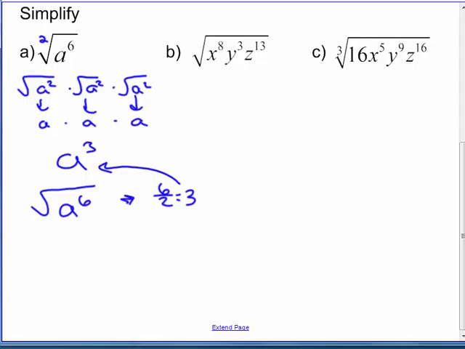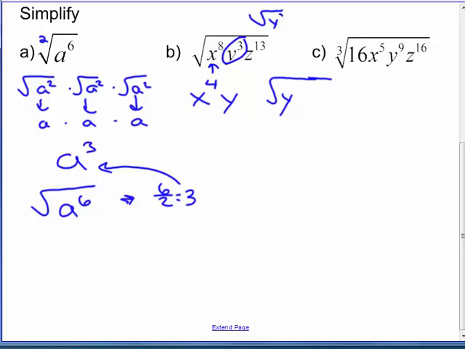In B, now a couple different variables. How many times does 2 go into 8? Well, 4 times. So it's x to the 4th on the outside. Now in this one, how many times does 2 go into 3? Well, it only goes in 1 time, but I still have 1 left over. It's like my remainder here.